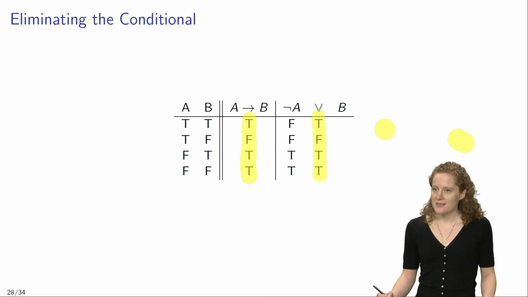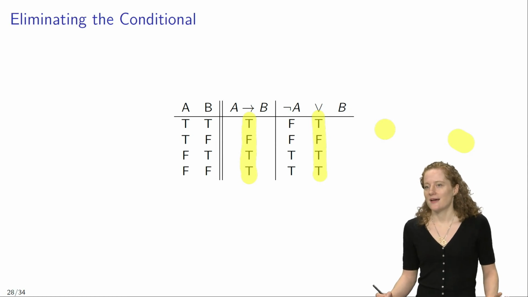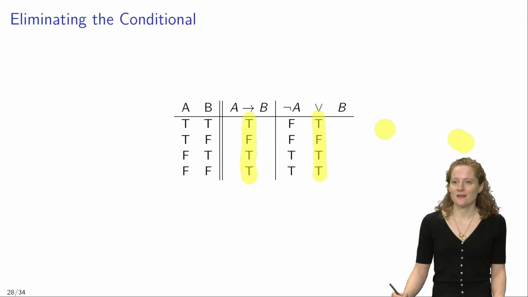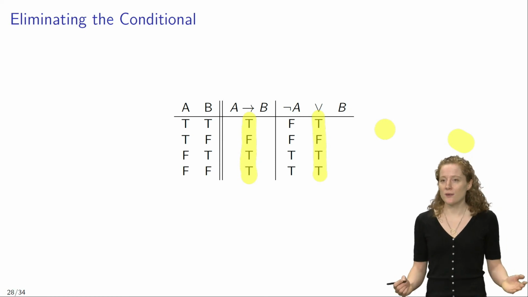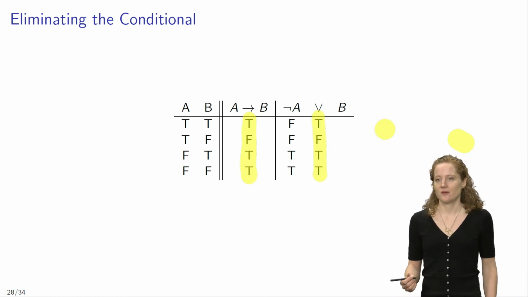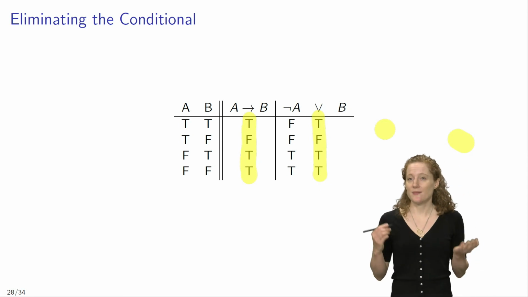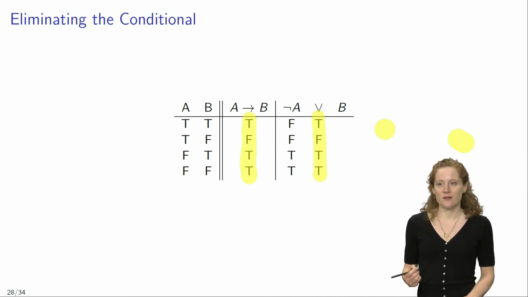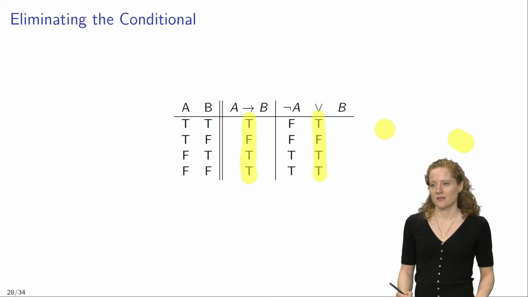So the two sentences if A then B and not A or B have the same truth conditional meaning. And so that means that instead of saying if A then B, we could always say not A or B. And so we could in principle eliminate every occurrence of a conditional using only the negation and the disjunction sign. So in principle, we could do without the conditional.